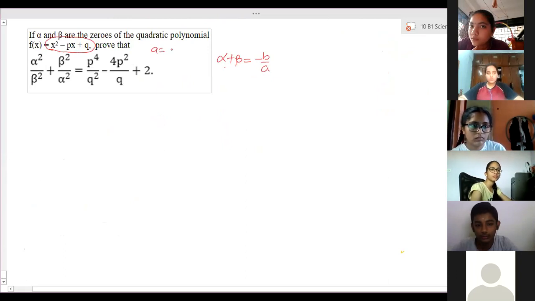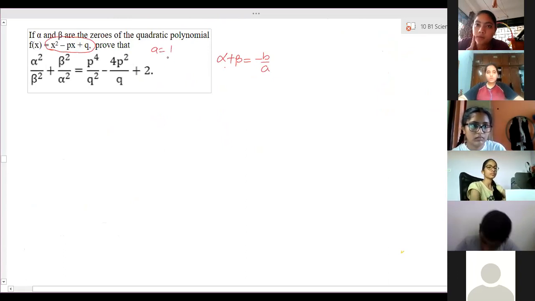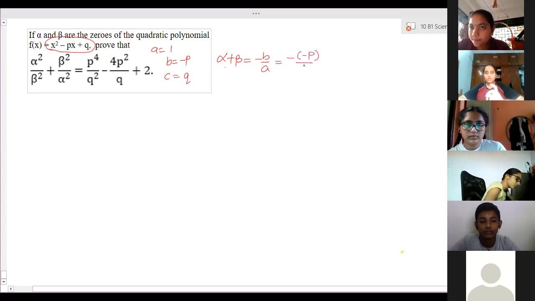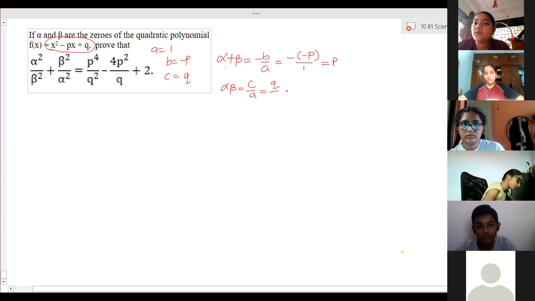What is the value of a? 1. B value? Minus p. And c value? Q. So alpha plus beta is equal to minus of minus p by 1, which is equal to plus p. And alpha beta is c by a, that is q by 1, which is q.